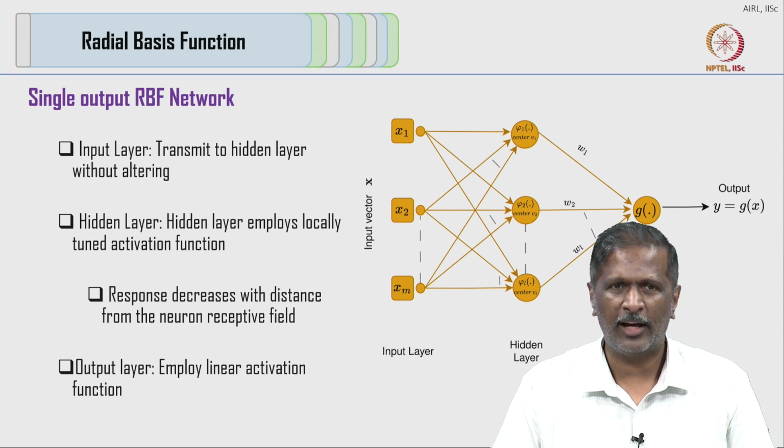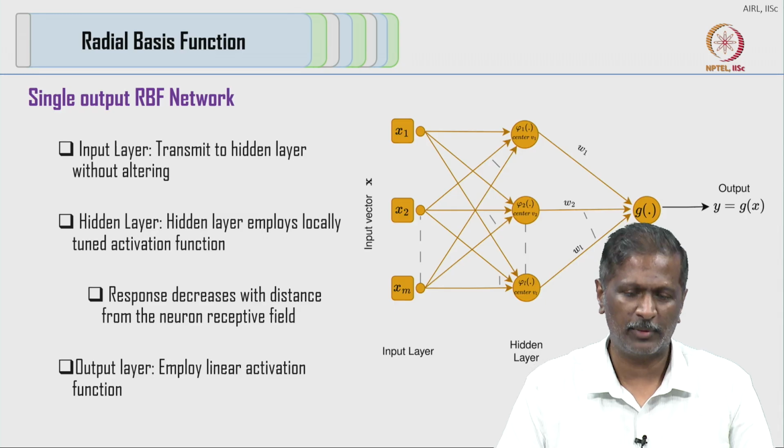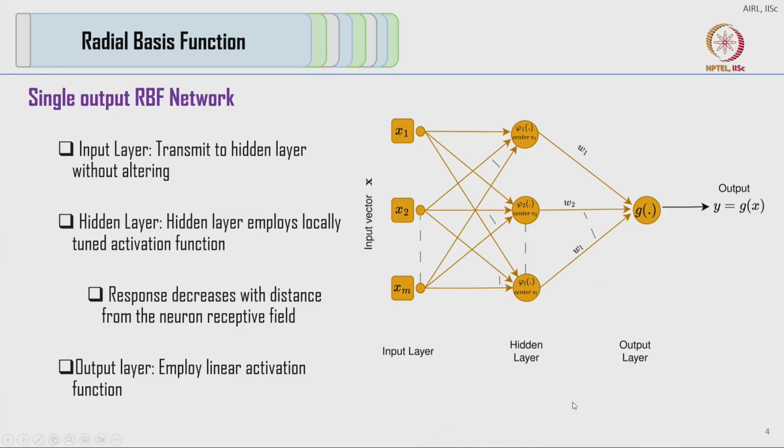Okay. Now what is this single output radial basis function network? If you remember, in the multi-layer perceptron, x1, x2, up to xm are the input features extracted from the data, and you have a basis function in the hidden layer, a single hidden layer network here. These are the radial basis function neurons. The inputs are directly fed to the neuron, unlike in MLP.